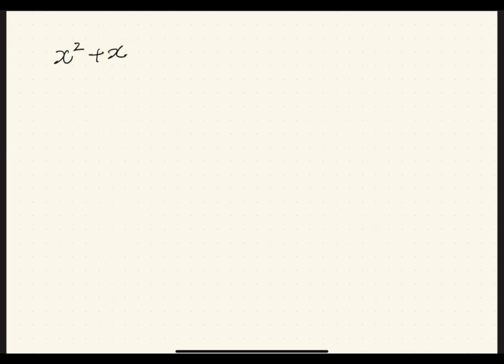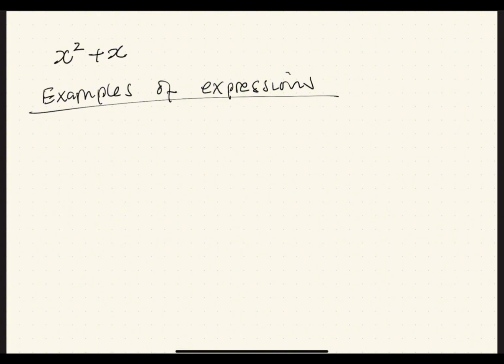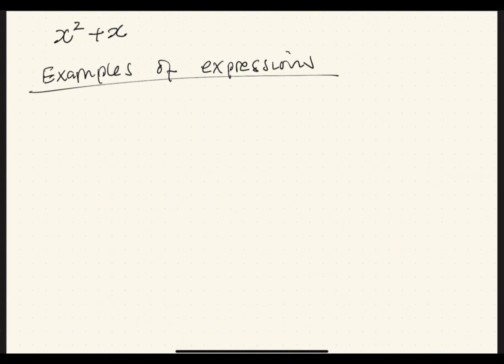And also one would think of another expression. For example, if I was to also give you examples of expressions, let's say a squared plus b is my first example.